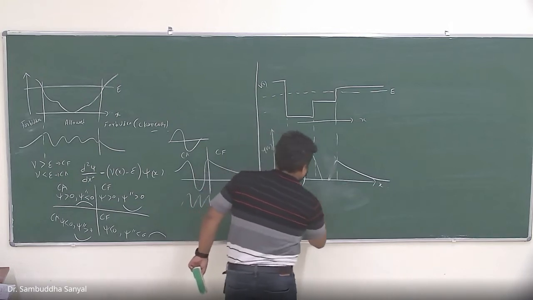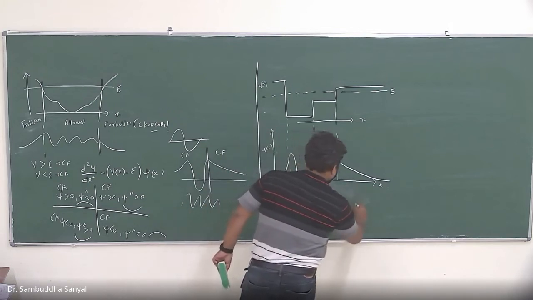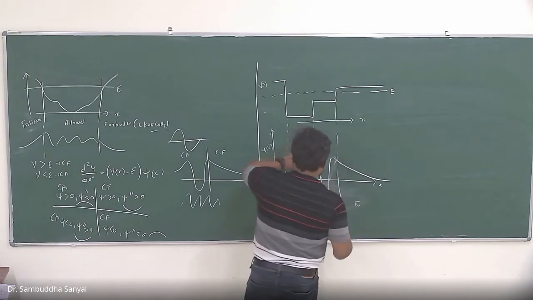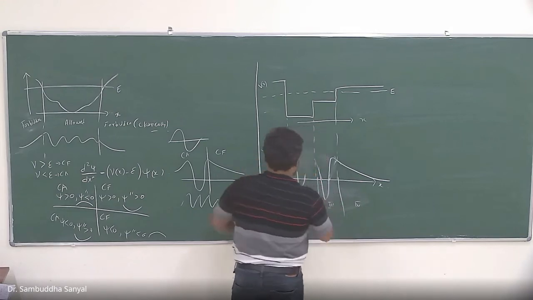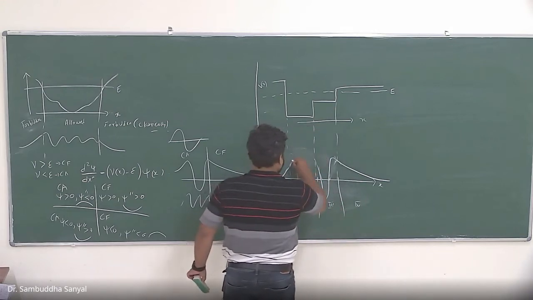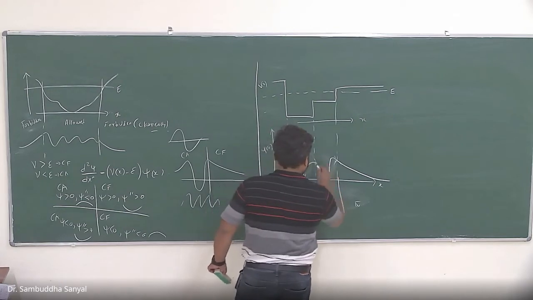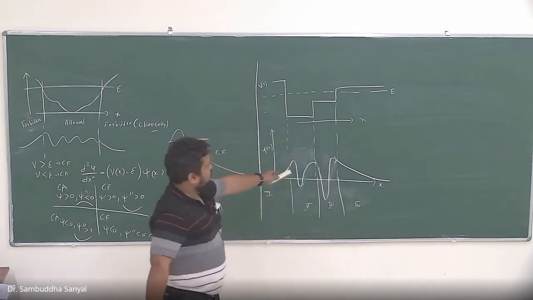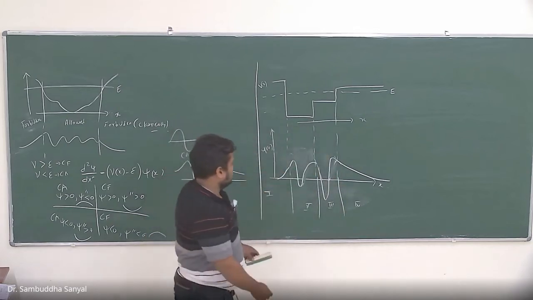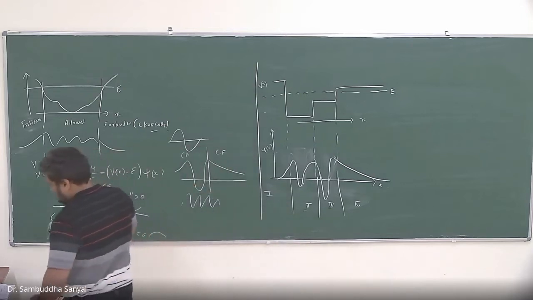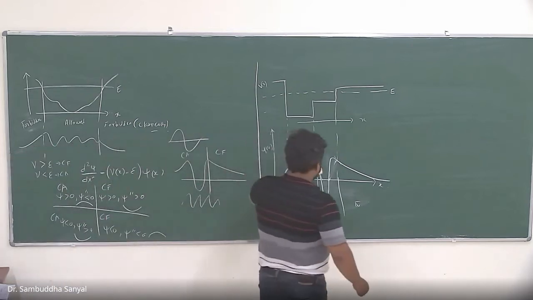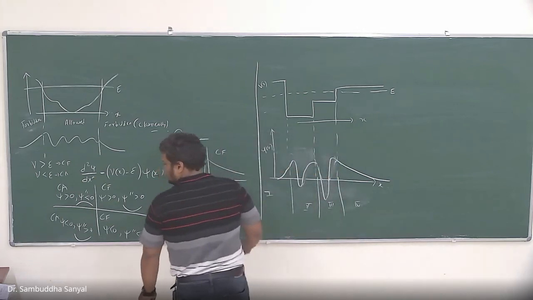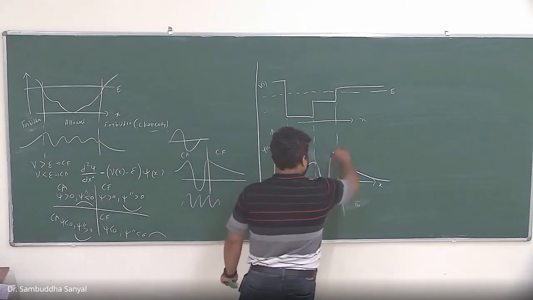One, two, three, four. You can fit in more parts depending on how frequently it oscillates. Actually, no, I should keep not two, only one. The best way to draw this will be coming here and then going like this.